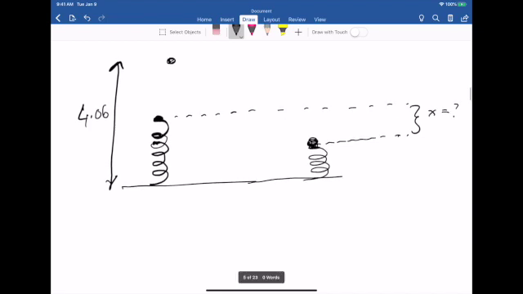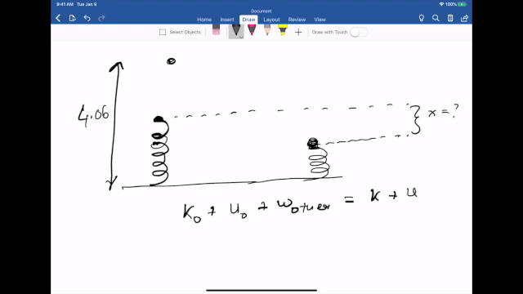So how can we answer this question? Well, we can simply apply conservation of energy again. K initial plus U initial plus W other equals K final plus U final, right? I typically like to work with letters until the very last step of a problem, but since we have a lot of different heights here, it's probably easier if we just work with the numbers.